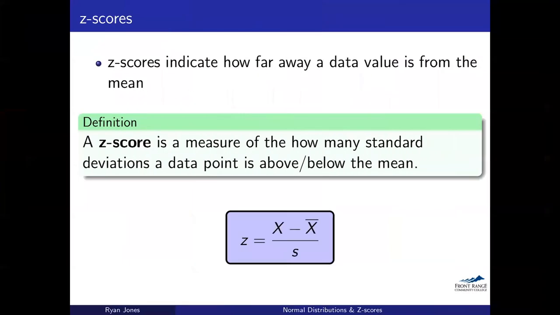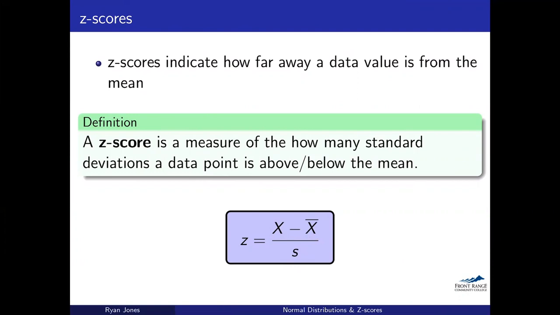Well, how we calculate it is we just take the data point that we're curious about, we subtract off the mean, and we divide it by s, the standard deviation. And this is exactly what we would have done in our heads.